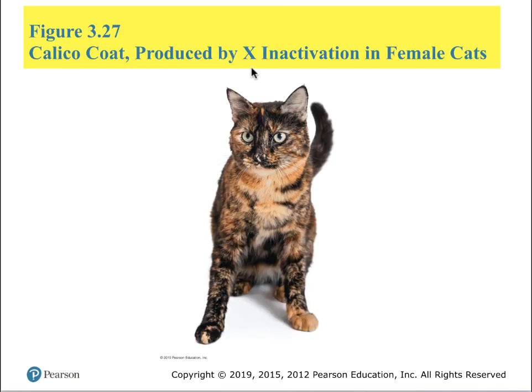The result is a tortoiseshell cat, also known as a calico cat. A tortoiseshell cat shows you the pattern of X chromosome inactivation is random. No 2 cats are identical.